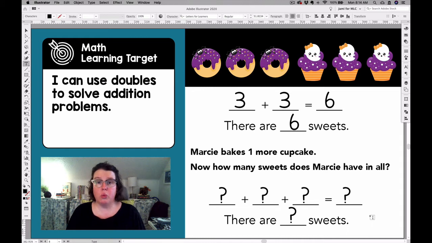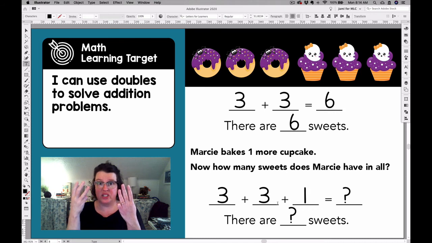Marcy bakes 1 more cupcake. Now how many sweets does Marcy have in all? Well, I know that she had 3 donuts and 3 cupcakes, and then we added 1 more cupcake. So I know that 3 plus 3 is 6. And if I add 1 more, then I have 7. So there are 7 sweets all together.